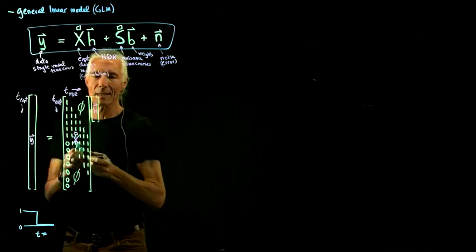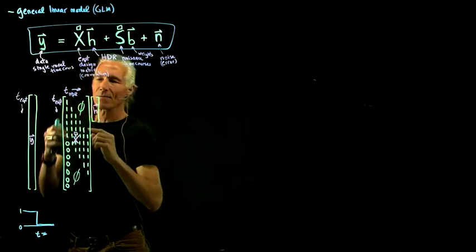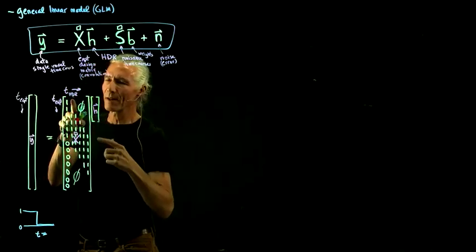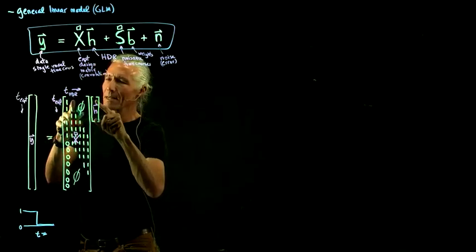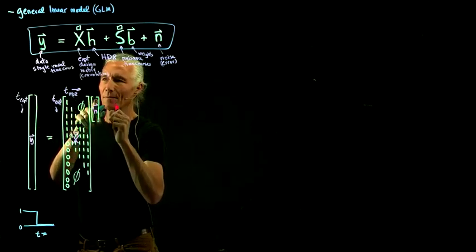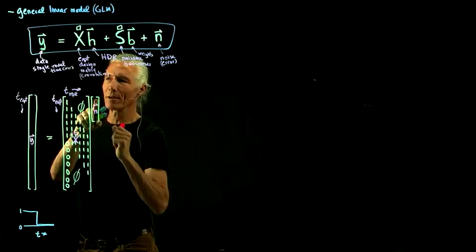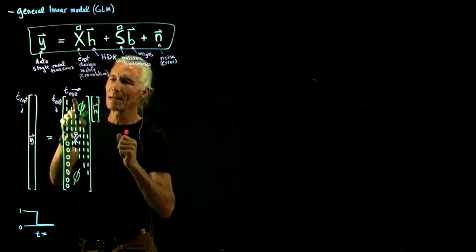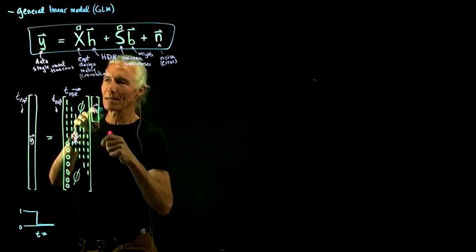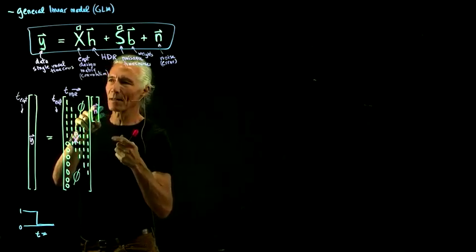And so at the very first time point, what is the value of the convolution? It's going to be 1 times whatever the first number in your hemodynamic response function is, and then 0 times all the rest, because there hasn't been much chance for something to happen.